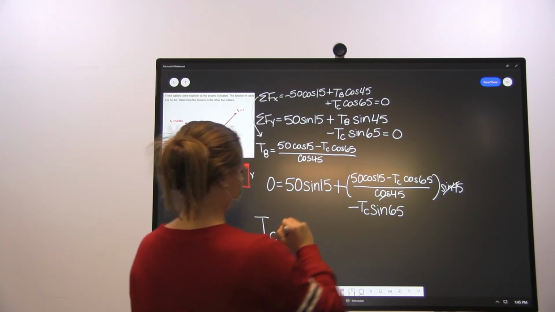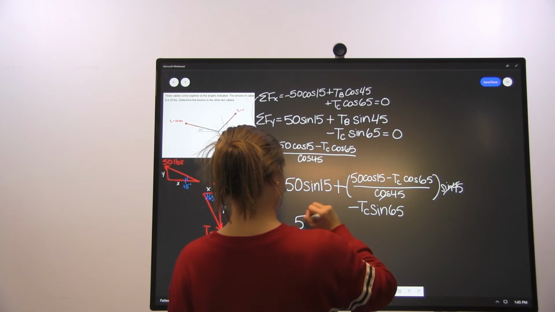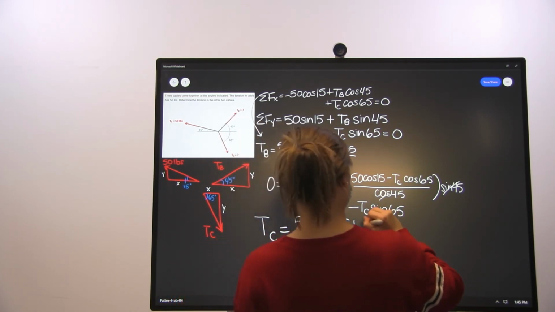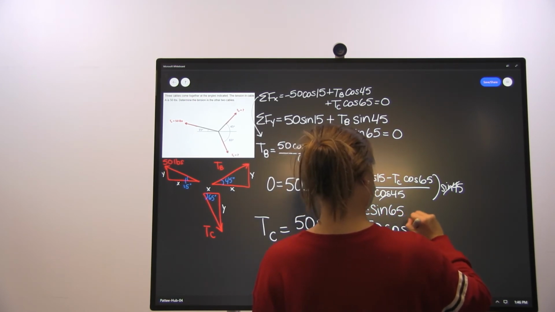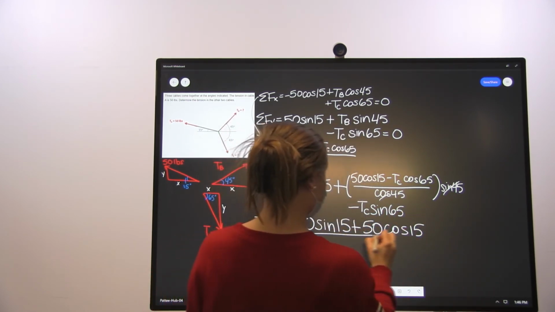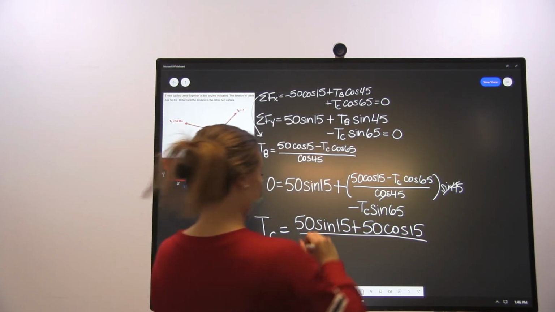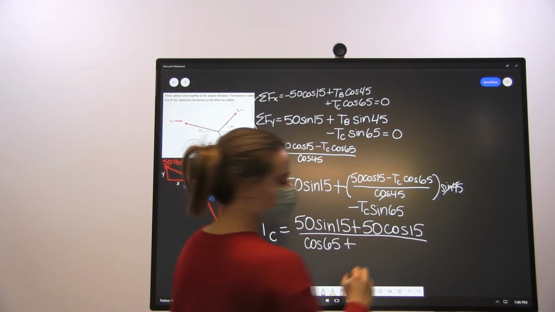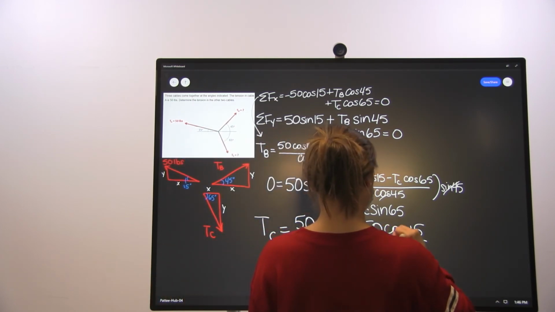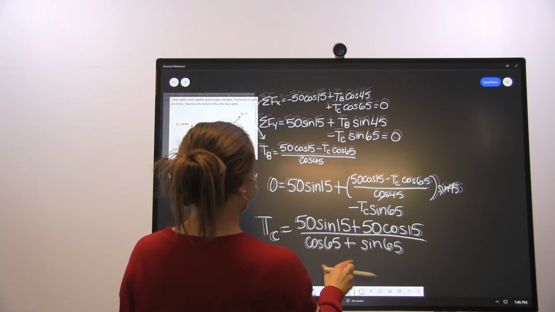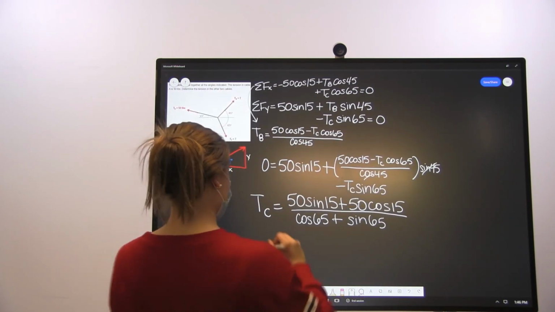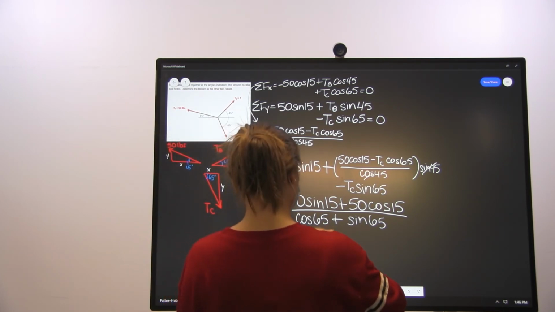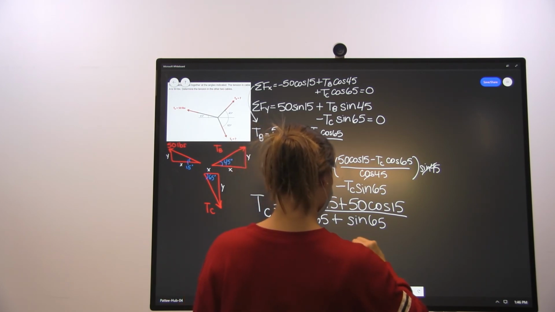So once we have this and we do some rearranging, we get that tension C is equal to 50 sine 15 plus 50 cosine of 15, divided by cosine 65 plus sine of 65. And then from there we get tension C is equal to 46.1 pounds.